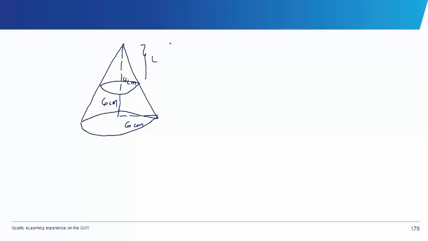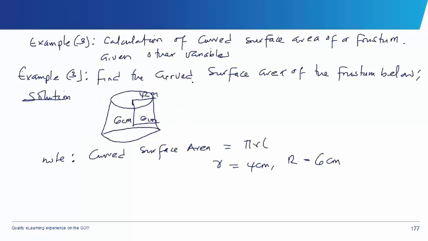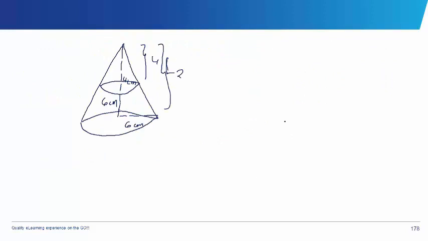So we have to find the length, because in the formula for the curved surface area, we have the lengths L1 and L2 coming at this point, and so we need to find the length of the first frustum. So how do we go about finding L here, like we did previously?